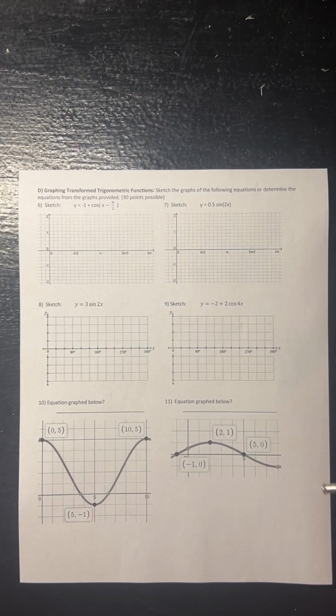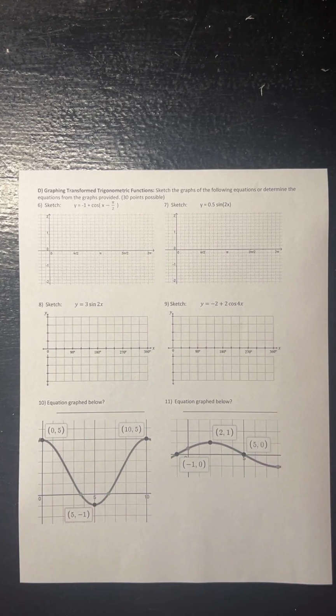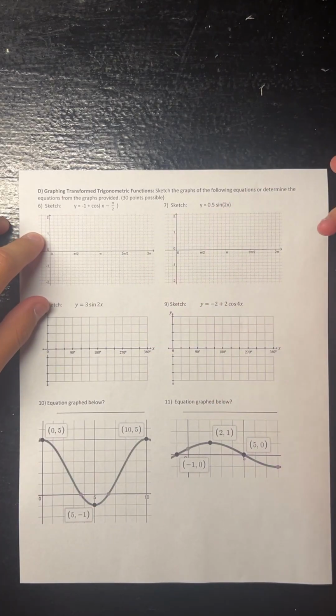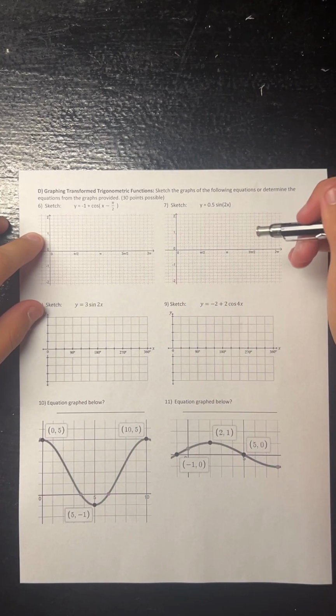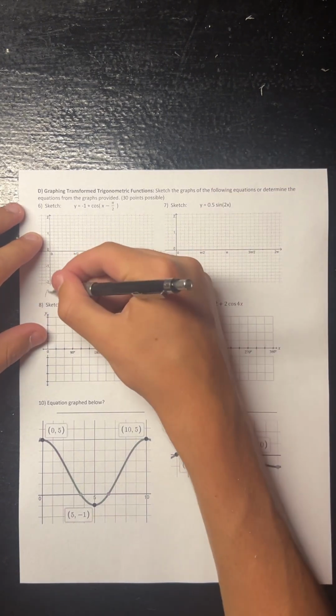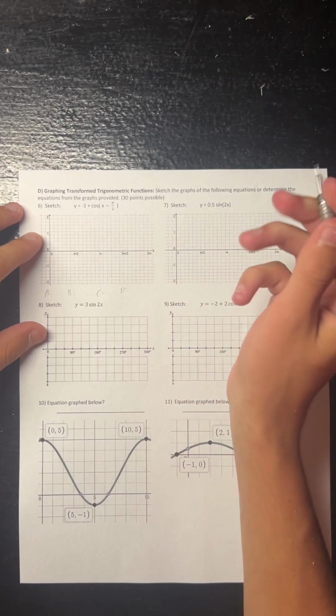Okay, the next ones are graphing these trigonometric functions. And so first we can do this one. So y equals -1 plus cosine of x minus pi over 2. So we can do A equals, B equals, C equals, D equals.